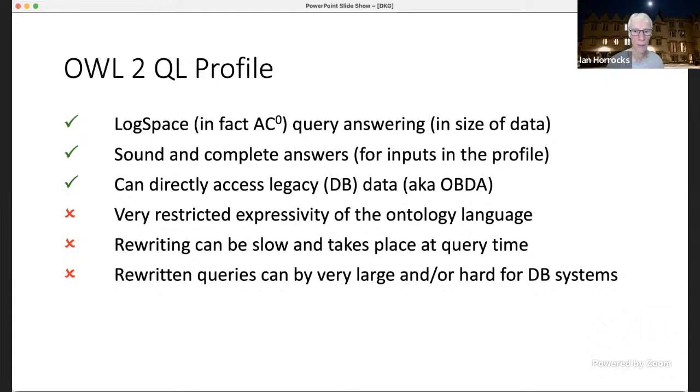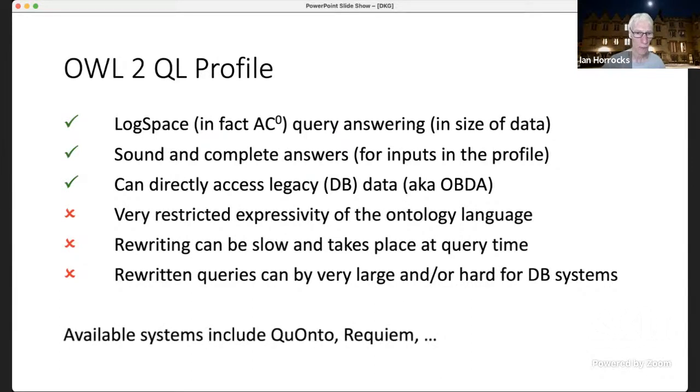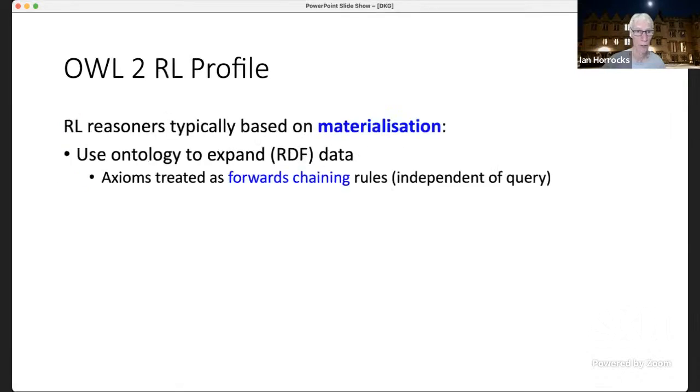And the resulting query could then be actually quite hard for database systems that typically aren't optimized to answer these kind of huge rewritten queries. But there are a bunch of systems that have various optimizations to deal with some of these issues, and can work quite well in practice, depending just on what the application looks like.